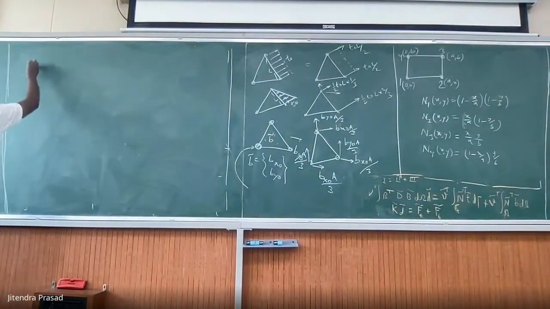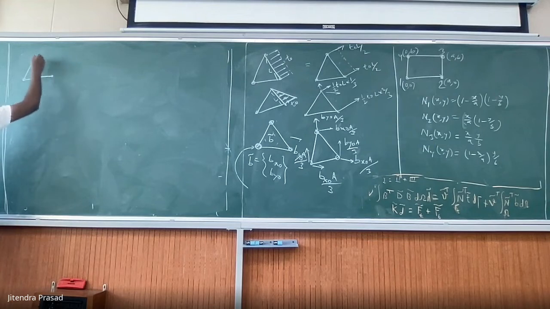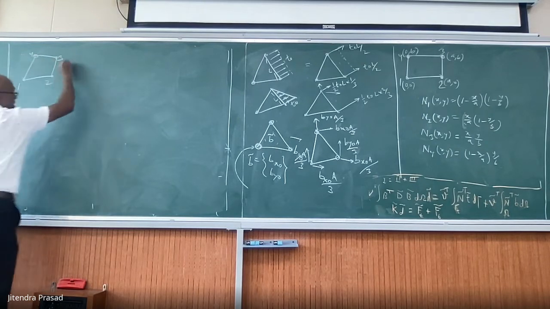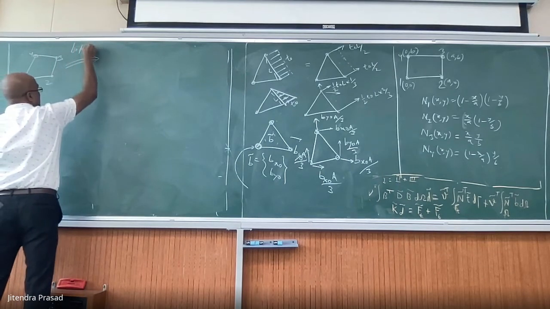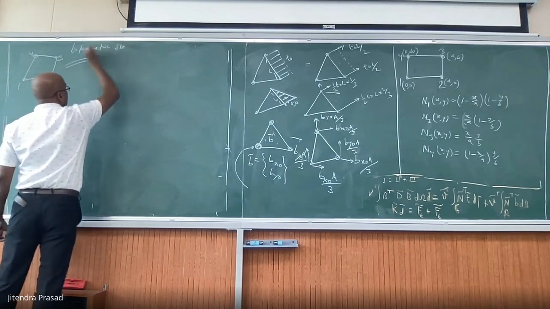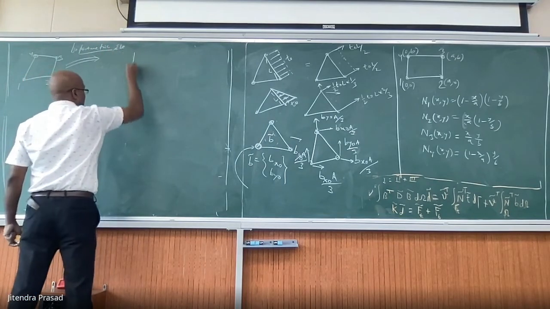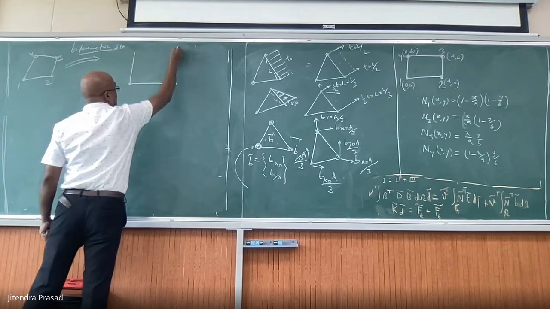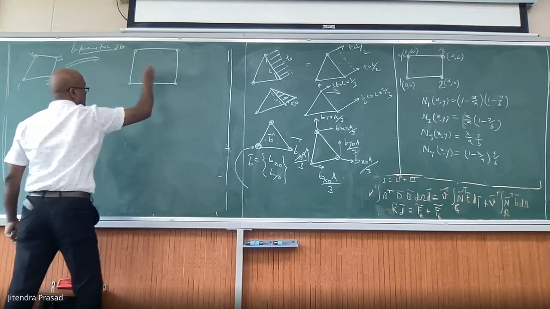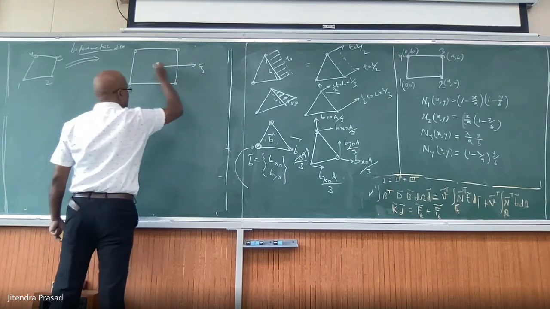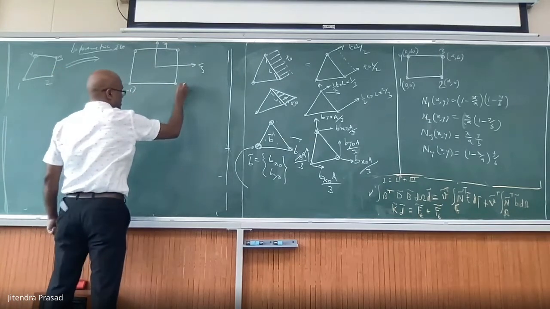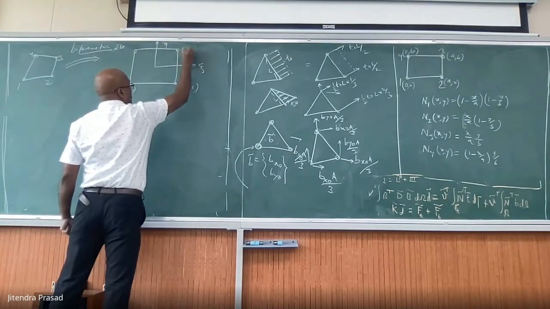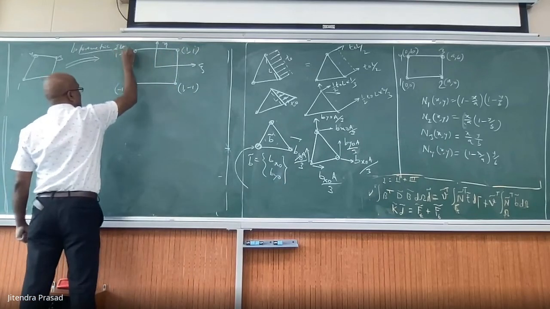Once you have that, then remember the triangular element, the quadrilateral element, 1, 2, 3, 4. That we map to this isoparametric element, and we will have the xi and eta system. Here we have (-1,-1), here we have (1,-1), (1,1), (-1,1).